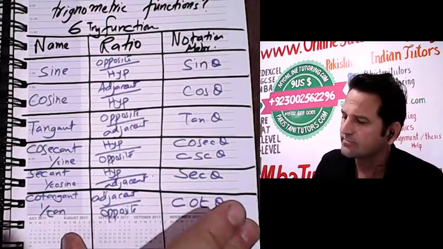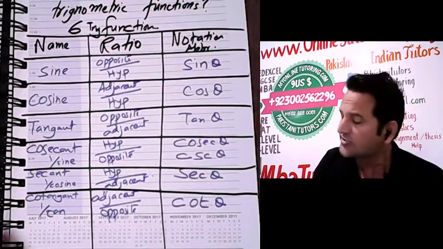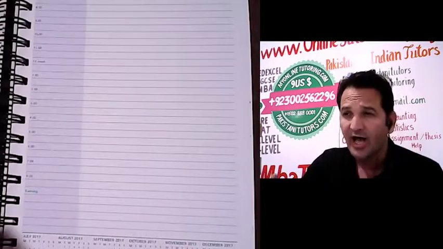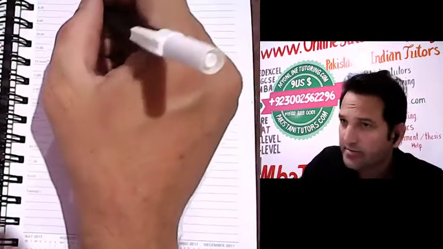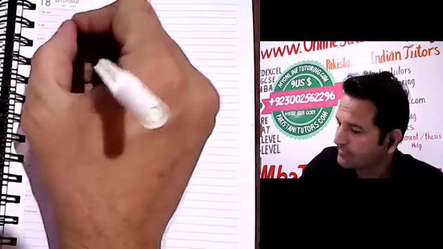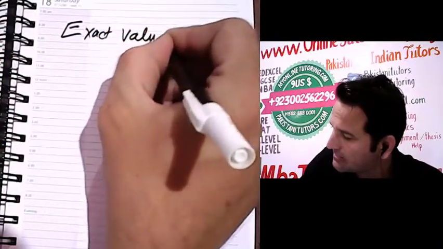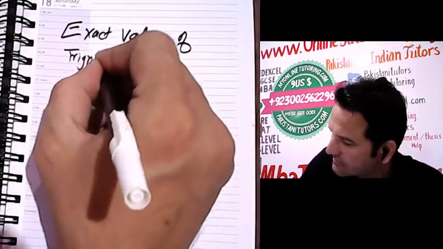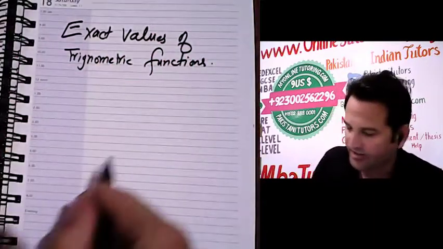Now, before moving ahead, I also want to write the exact values of trigonometric functions, and then I will also explain how they come from the calculator. So the exact values of trigonometric functions.